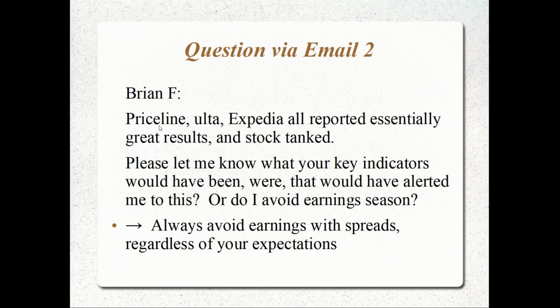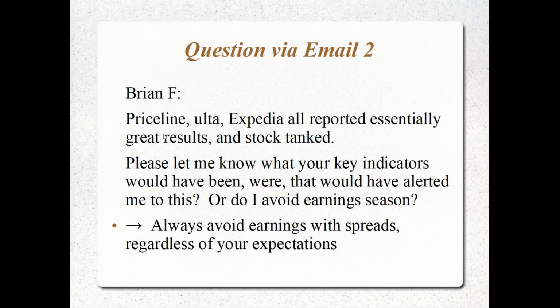Brian wrote in about 3:30, I think it was, and made a comment that Priceline, Altaba, and Expedia all reported essentially great results and the stocks tanked. Please let me know what your key indicators would have been that would have alerted you to this.